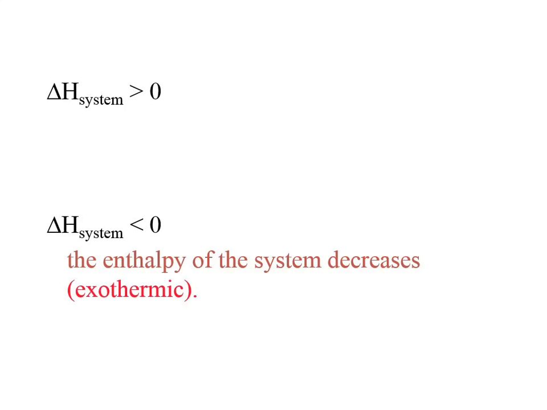If the change in enthalpy of the system or reaction is negative, and I did this on purpose, we said it's exothermic. And to me, exothermic, doesn't that just seem like it's dispersing the energy? So that is going to favor spontaneity. That's what we've been talking about. This favors spontaneity.